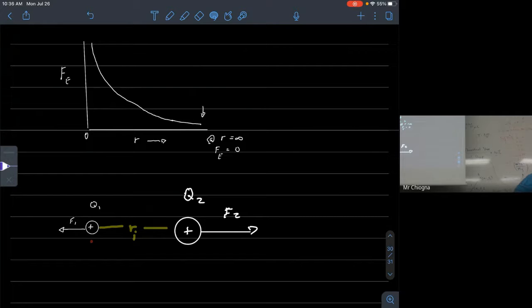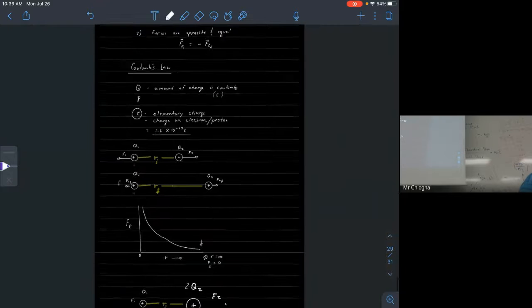This is your original Q2, except it doubled. Double it, your forces would increase. Go back to this diagram here.